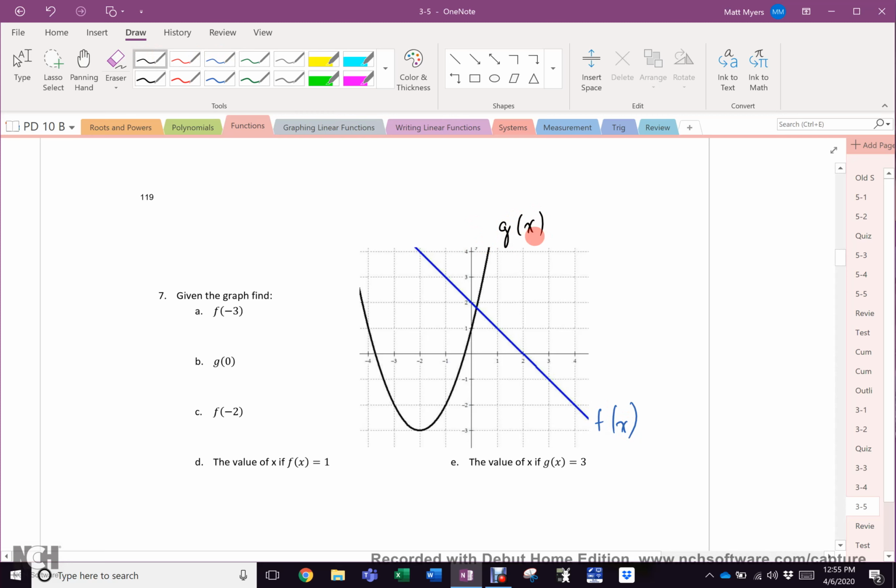So, let's have a look here. F of negative 3. So am I looking at the blue line or the black line? Take a moment. Of course, I'm looking at the blue line because it is f of x.